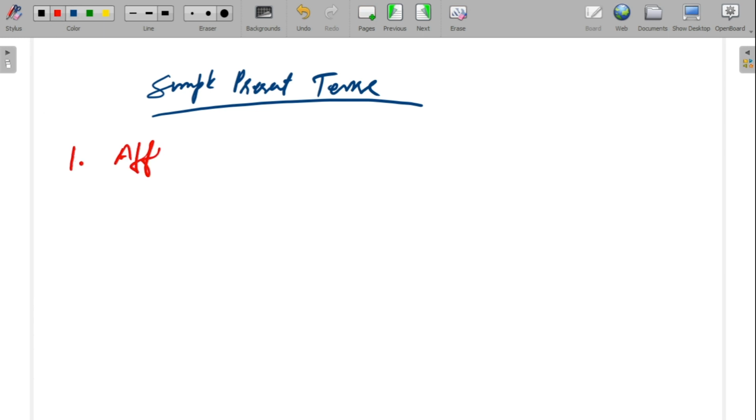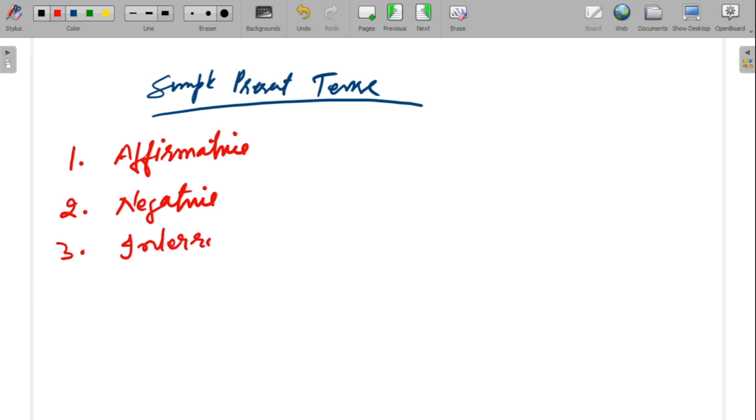The first one is affirmative sentence. The second one is negative, the third one is interrogative, and the fourth one is negative interrogative.